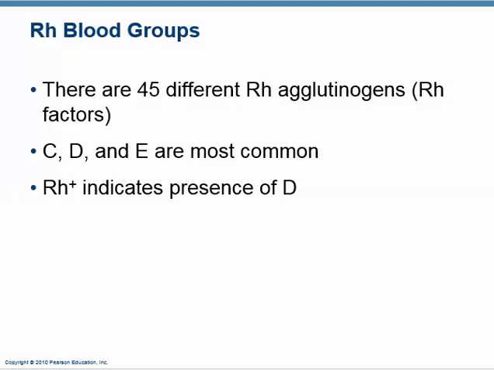Now, there's another set of blood groups called Rh, and they were originally found in rhesus monkeys, and that's why it's Rh. There's a whole bunch of different types of agglutinogens that fall under this Rh category, but we will look mostly at just the one.